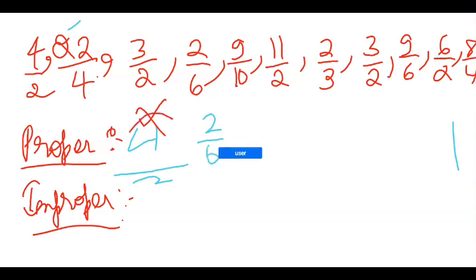The first one is wrong. 4/2 is wrong, Aisha, right? Numerator should be less than denominator in a proper fraction. Yes, the first one is wrong. You can just erase that. Okay, 2/6 is right, beta.